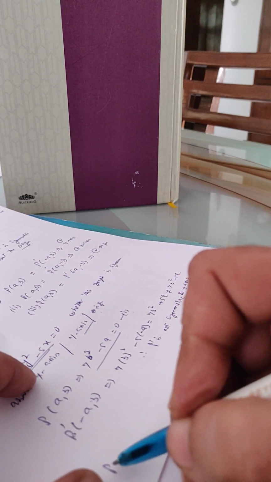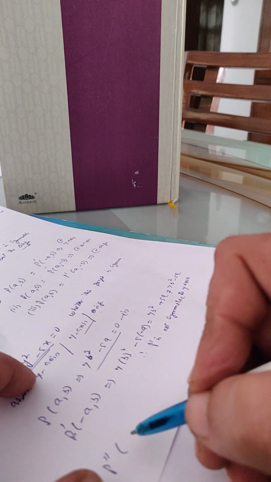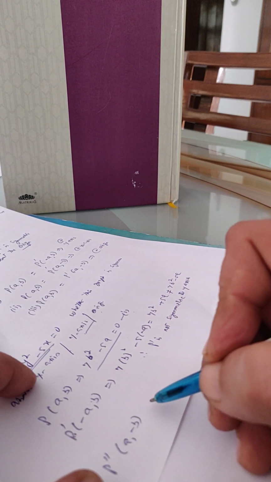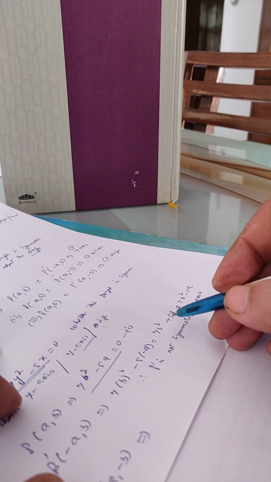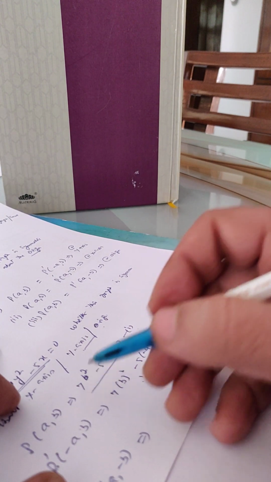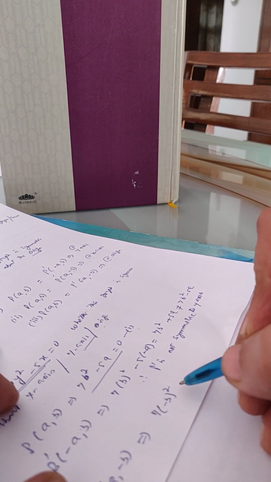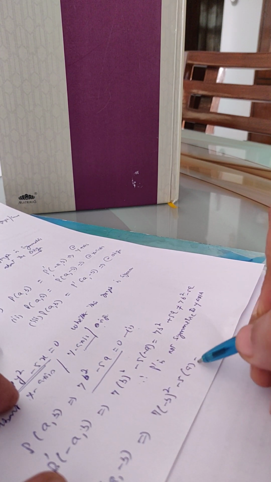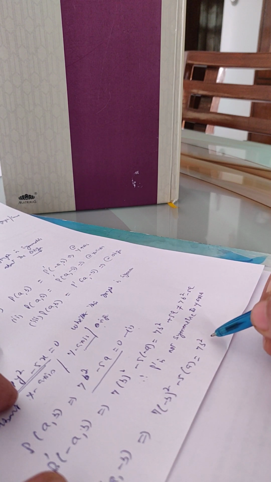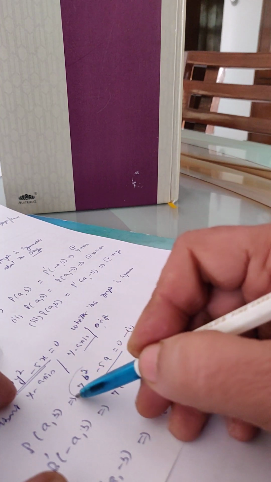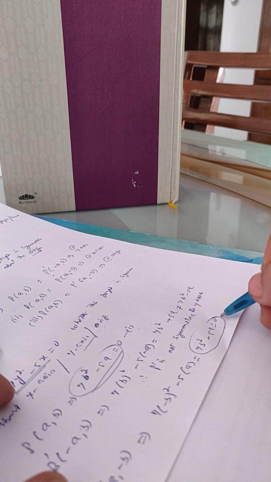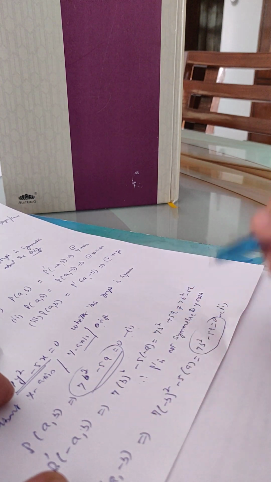Now if we take another reflection (a, minus b) and put it over here, it becomes 7b square minus 5a equal to 0. Now this is equal to this, equation 1 is equal to 2.